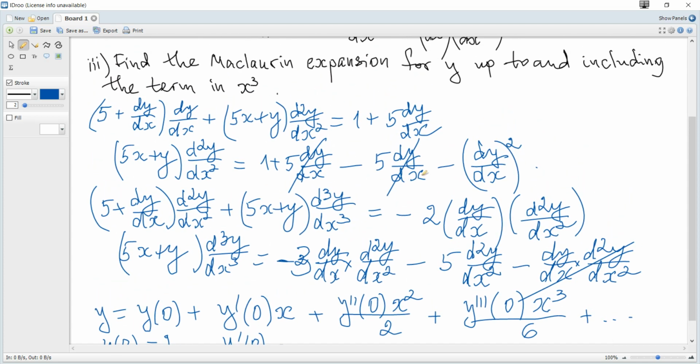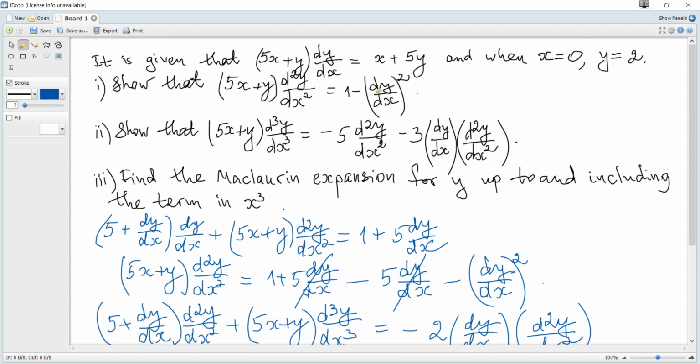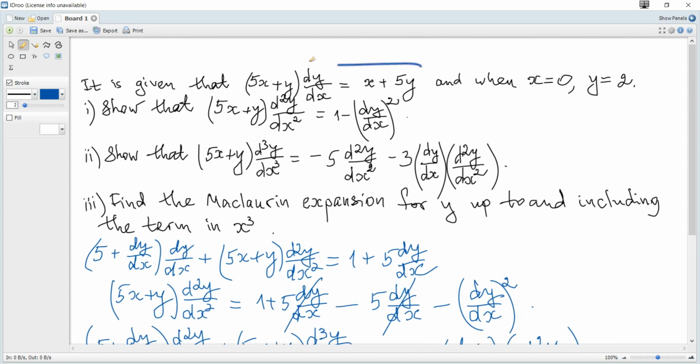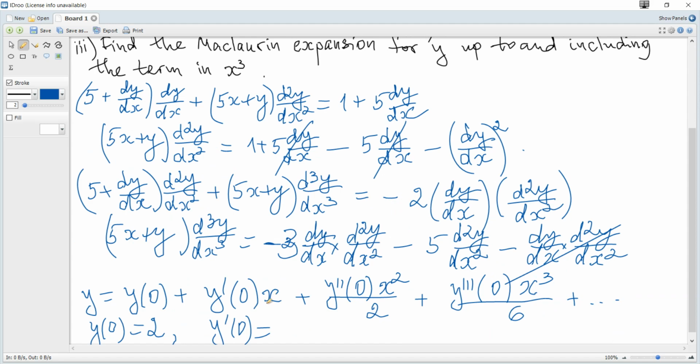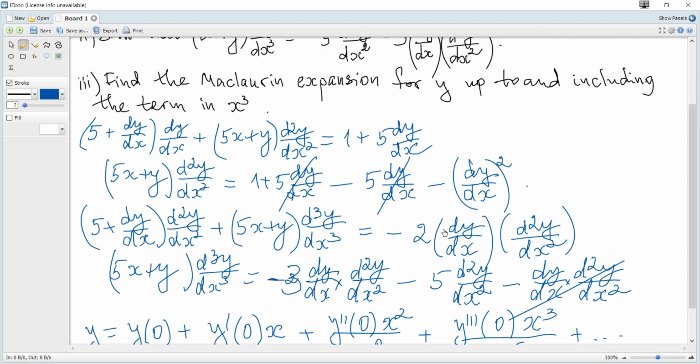To find it, we consider this expression and consider when x is 0, because we need the value when x is 0. We need y and derivatives at x equals 0.